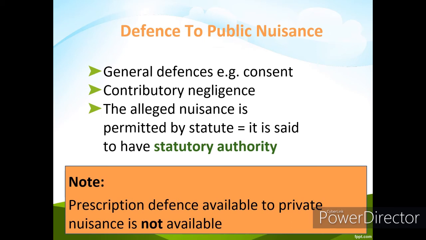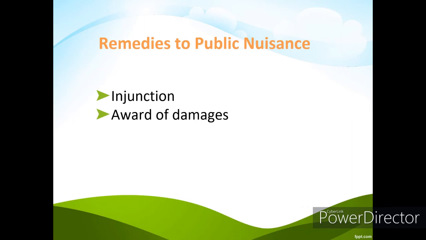Note though, the prescription defence that is available for private nuisance is not available for public nuisance. So if a claimant wins their case for public nuisance, they could be awarded an injunction or even an award of damages.